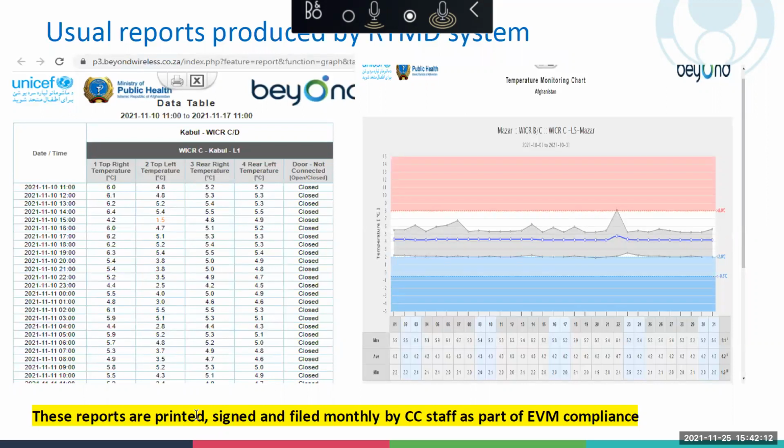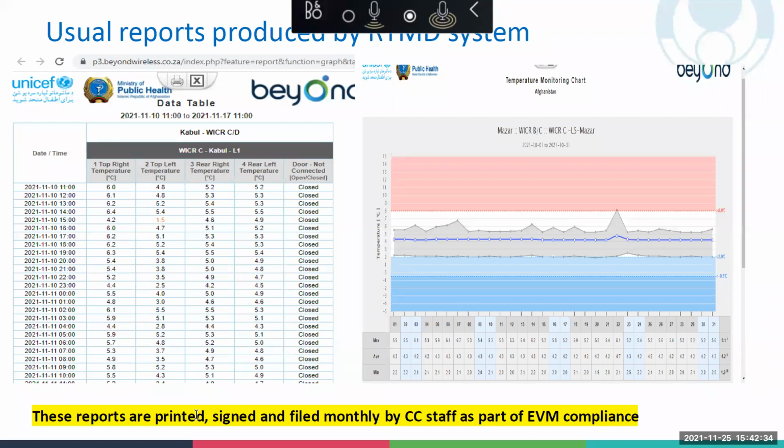So these are examples of reports we get from all the locations where Beyond Wireless is installed. As you can see, on the right-hand side is last month's report, from October, from the Mazar region, where we have our cold rooms connected to the Beyond Wireless system.